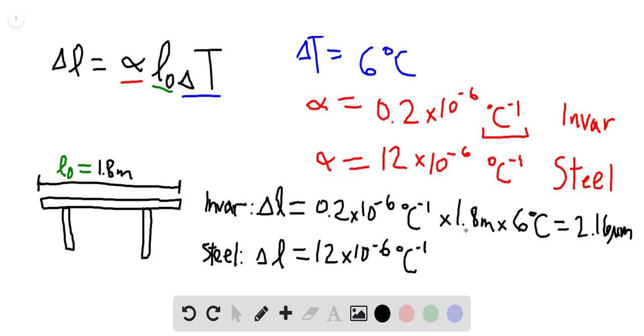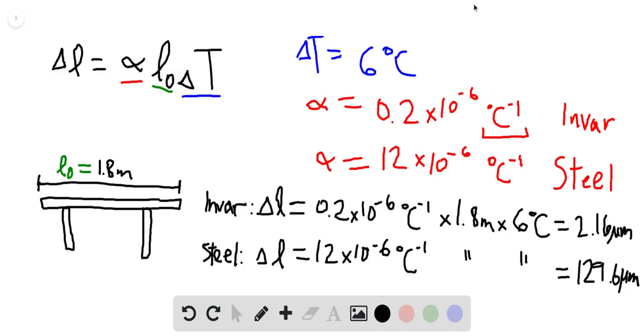And same table, or same length of table, and same temperature change. So here is the same. We only change the alpha number. And what we obtain is 129.6 micrometers. So this is a lot more.